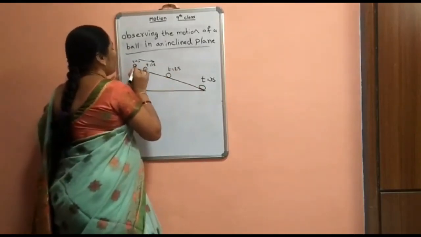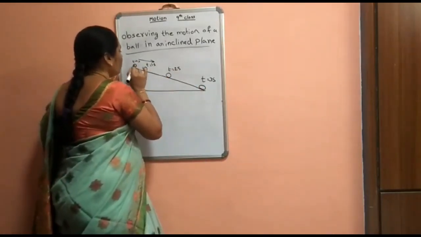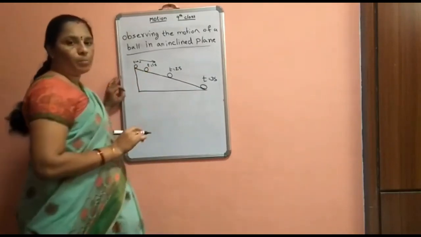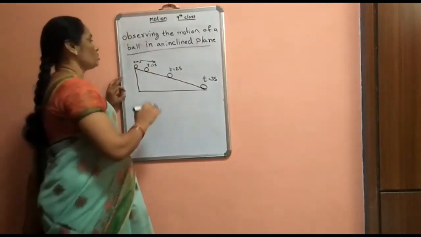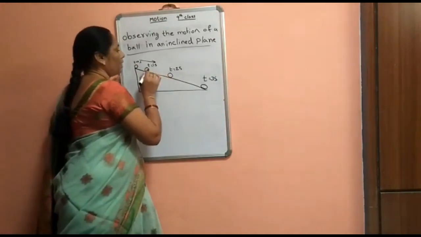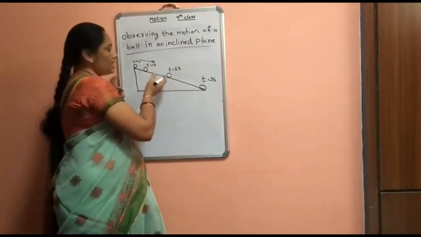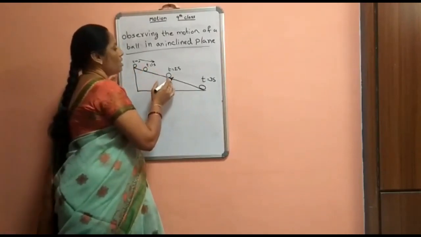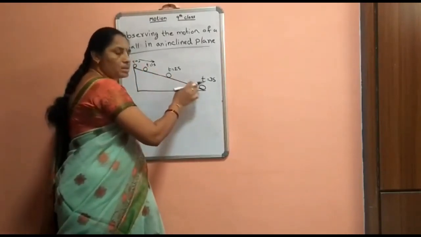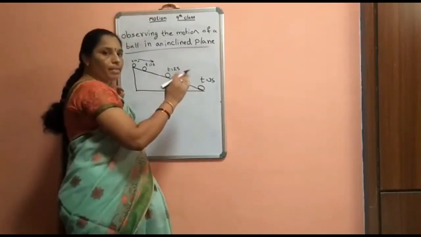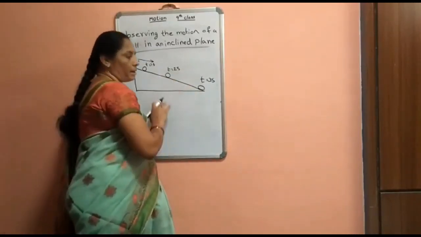In the first second, the ball moves some distance only. In the second second, the ball moves more than the distance in the first second. In the same way, in the third second, the ball moves more distance than in the second.